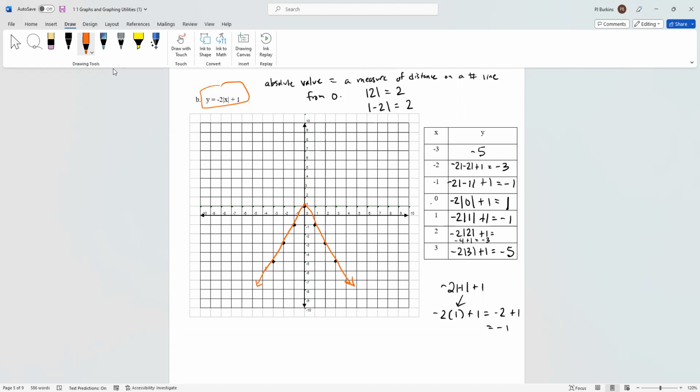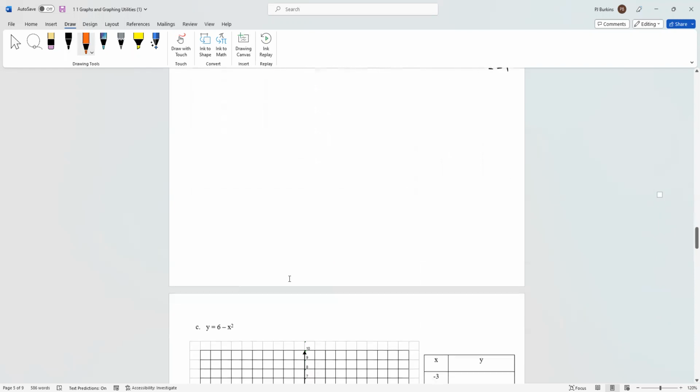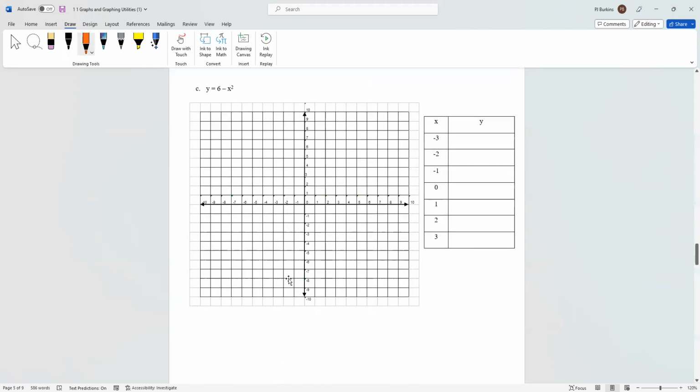All right. I think we have one more here. So y equals 6 minus x squared. Okay. So x squared, parent function for that is a parabola. Right.